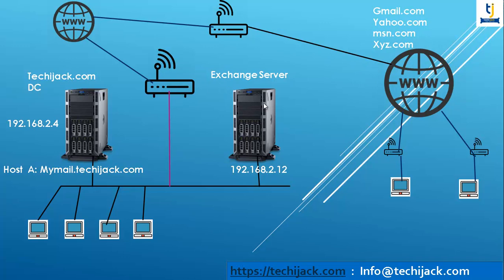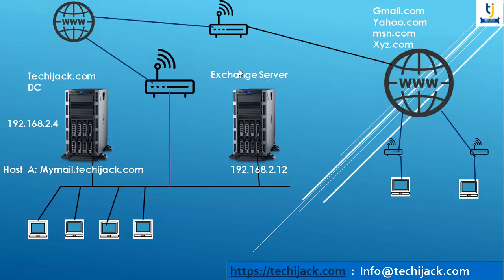But how will the Exchange server receive that query when the public IP is installed on my router? We have to forward the ports, like the HTTPS port, to the Exchange server, because it is highly recommended that you do not put the public IP on your Exchange server; you need a firewall and an edge server.